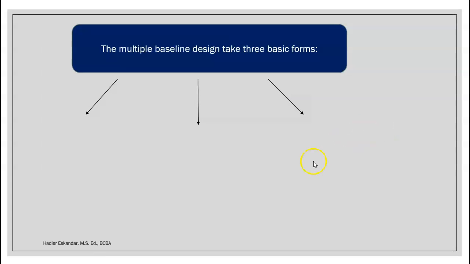Let's look at the 3 basic forms of multiple baseline design. It could be across behaviors, so you can choose 2 or 3 behaviors to look at and first collect baselines on all of them, and then you start with the one that has the most stable baseline to introduce the treatment. You can look across settings.